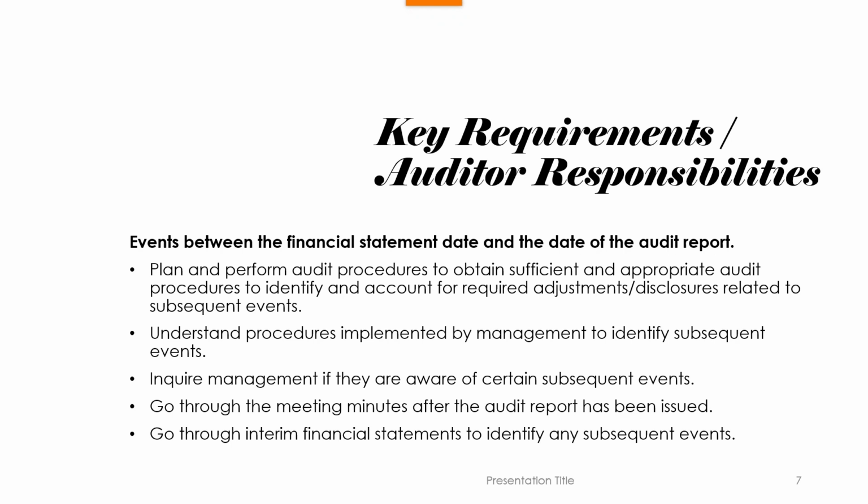What are the responsibilities and key requirements of this standard? The auditor must plan and perform audit procedures up to the date of the audit report to identify the subsequent events that may require adjustment or disclosure. That includes understanding the management's procedures for identifying subsequent events, inquiring whether the management is aware of any subsequent event or any significant event, reviewing the minutes of meetings, and reviewing the internal financial statements.